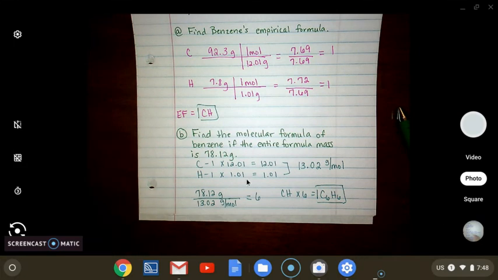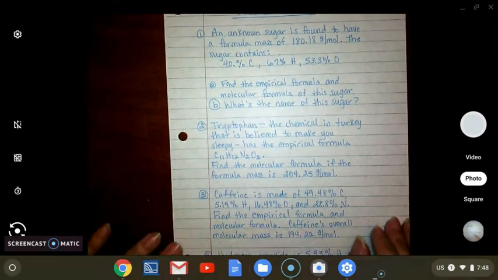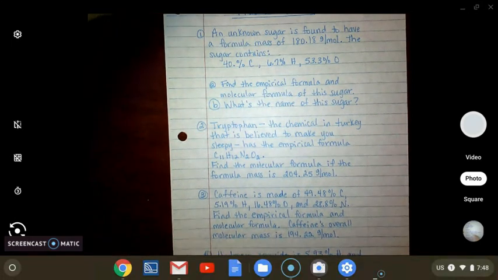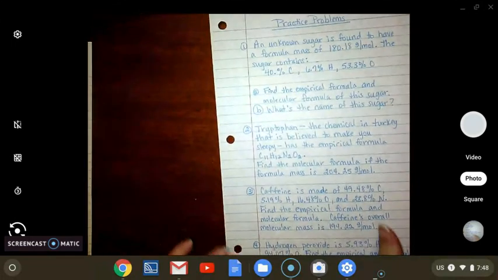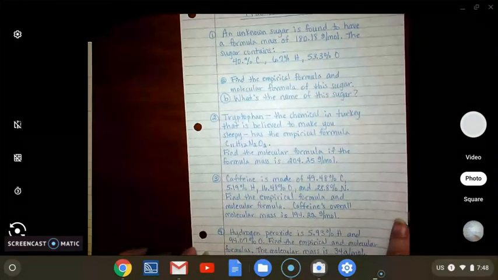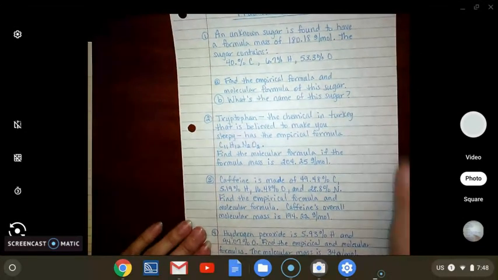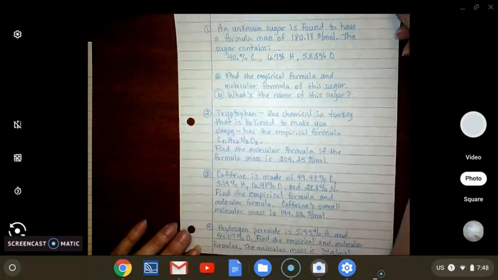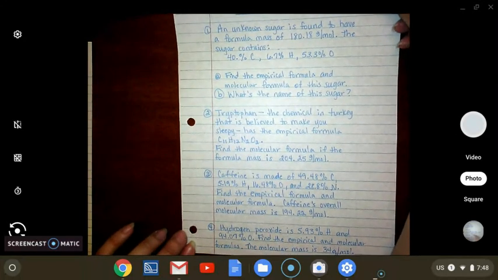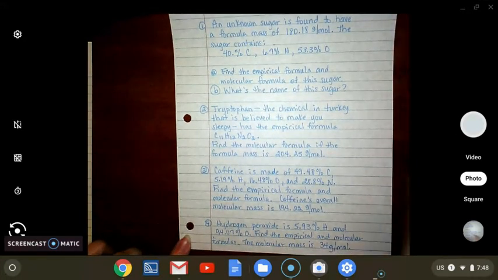And let me put these practice problems up here because I did this yesterday and forgot. Well, it says practice problems at the top, but there's the first set.